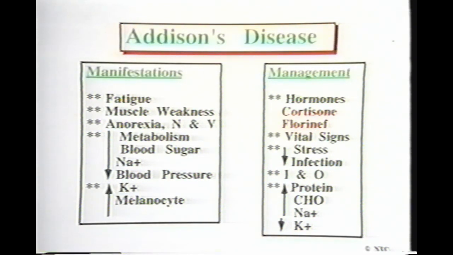Until the patient is getting these hormones in sufficient amounts, usually they'll be given IV to start with, this patient needs to be at rest because they have no ability to fight stress. So in the case of Addisonian crisis, the priority is the medications, not the bed bath, not hygienic care, it's medication until the balance has been restored.